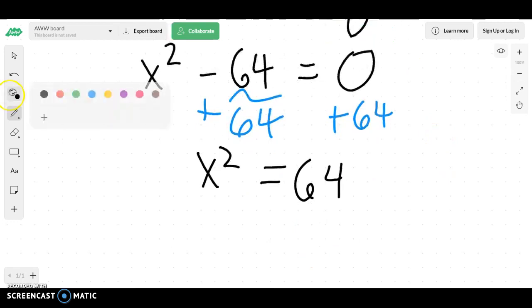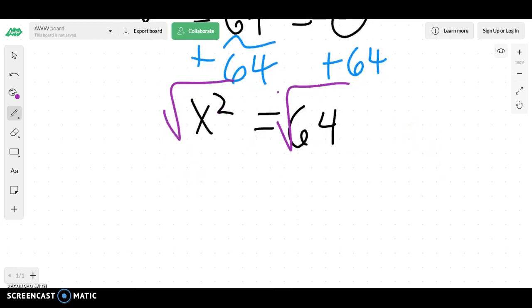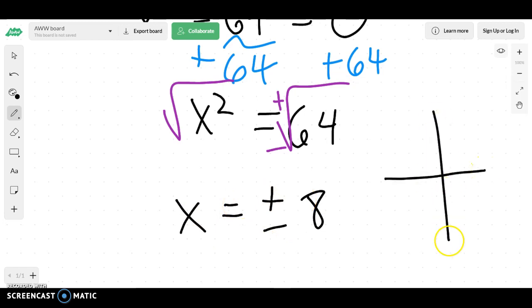Now, how you get rid of a square term is you take the square root of both sides. And when you take the square root of both sides, you want to put a plus and a minus. The reason you want to put a plus and a minus is because we have this U shape, and the U shape should cross in 2 points. It should cross somewhere on the negative side most times and somewhere on the positive side most times.